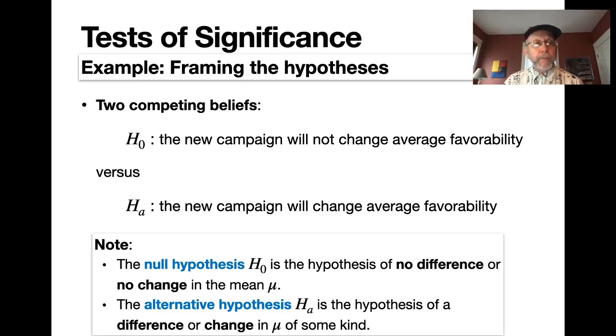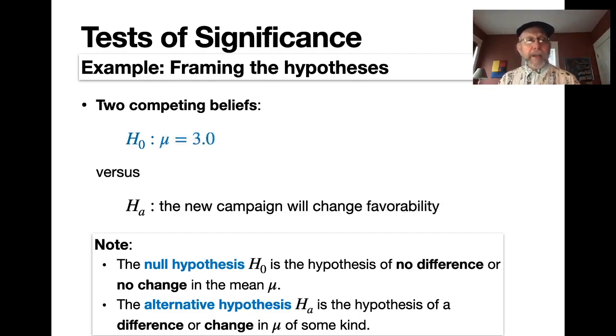In this case, it would be no difference or no change in that average favorability rating. The ad campaign just didn't have any effect. That's what the null hypothesis is asserting. The alternative hypothesis is the hypothesis of a difference or a change in mu of some kind. And we're denoting that by H sub A.